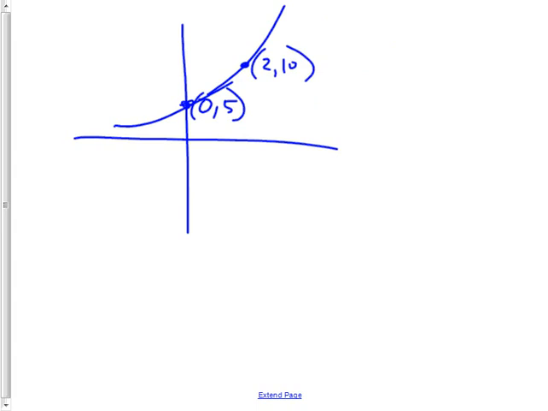Start with y equals ab to the x. Put the calculators away. You can't use them on this worksheet anyways. And again, start with the starting value. Makes sense.